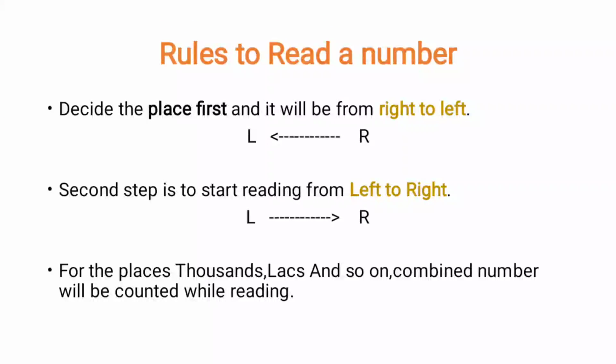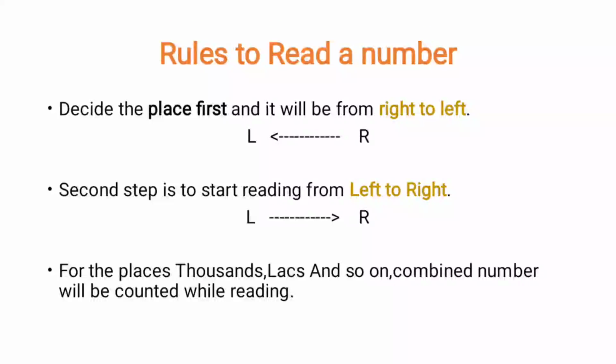So how to read that type of number? Because the place of any digit is common. Common means there will be only thousand only, as the digit is available on thousands place and 10,000 place both.